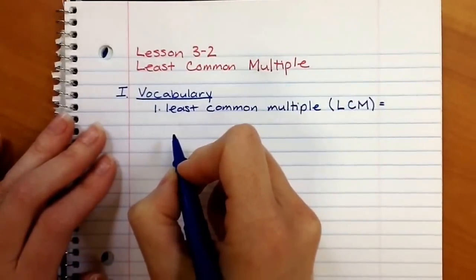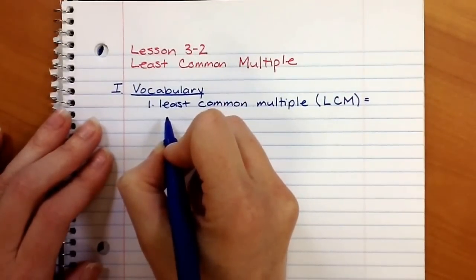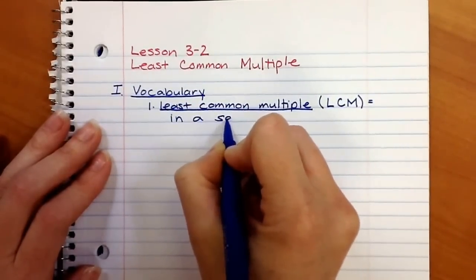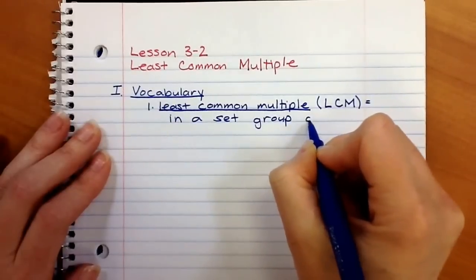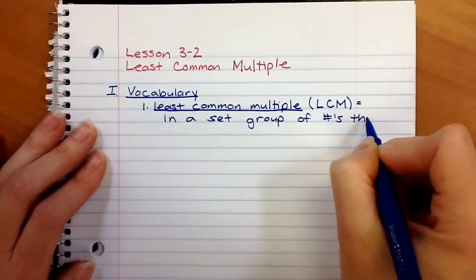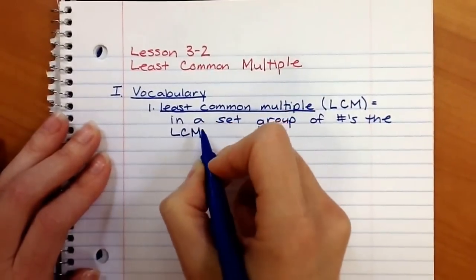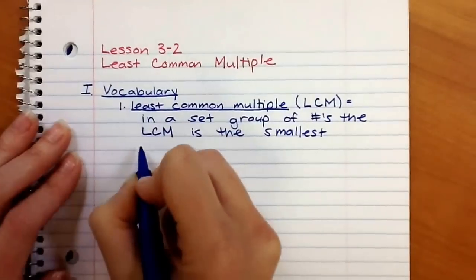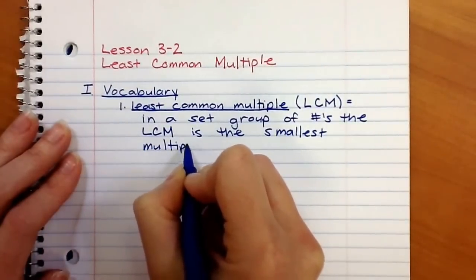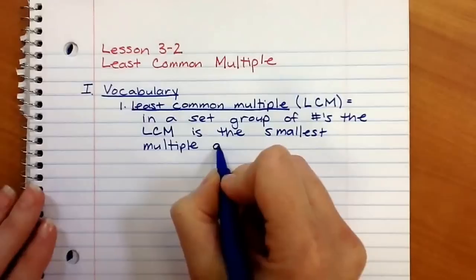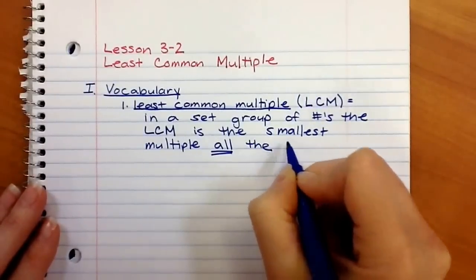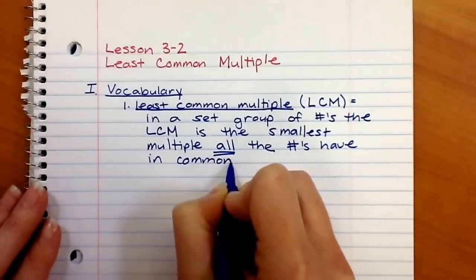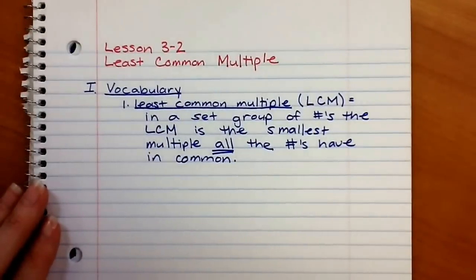In a set group of numbers, the LCM, least common multiple, is the smallest multiple all the numbers have in common. So this is what we're going to be looking for today.